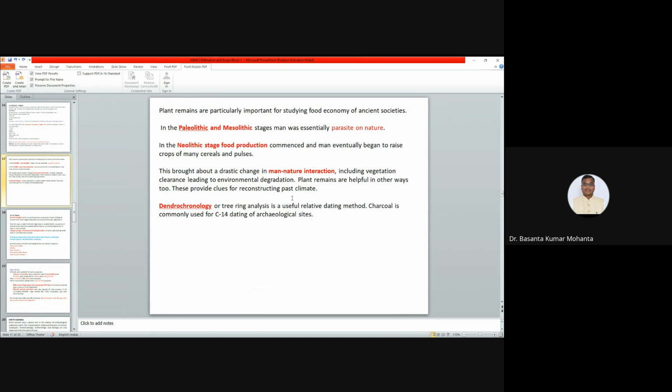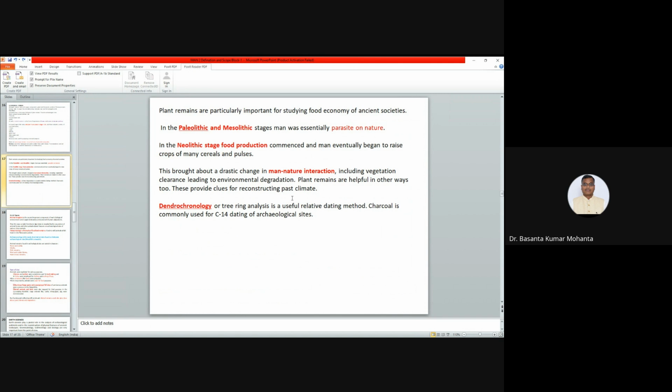In this way, one scientific technique which gives very authentic dates is called dendrochronology, or tree ring analysis, which is very useful to know the relative date of a particular plant product.